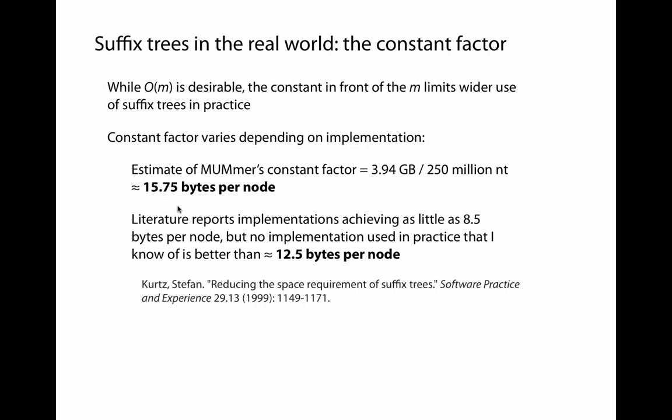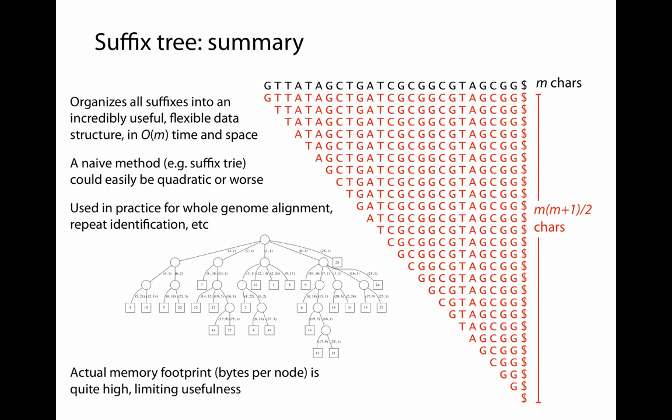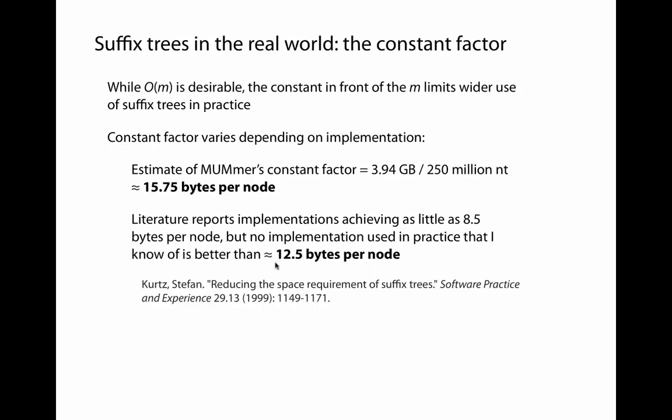And if we look around in the literature for examples where people have really tried to minimize this number, to make the suffix tree as small as possible, even then, the smallest realistic number that we can find is that the suffix tree takes up about 12.5 bytes per node. So if we were to build an index of the human genome using this number of bytes per node, we'd be using something on the order of 35 or 40 gigabytes of memory or more.